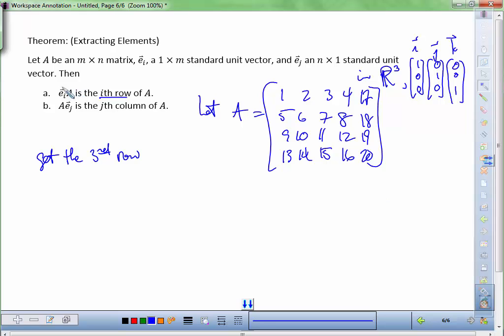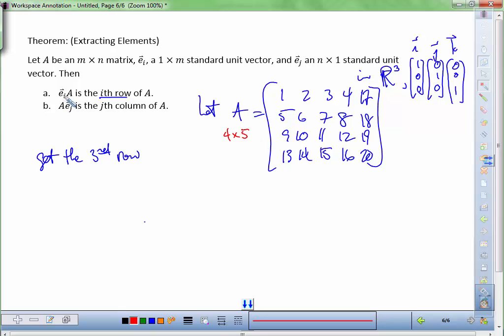Well, it turns out that you could do this by multiplying this matrix A by e sub i. So that's a vector, but we have to write it as a matrix. So A is, what size is A? How many rows? 4 rows by 5 columns, right?